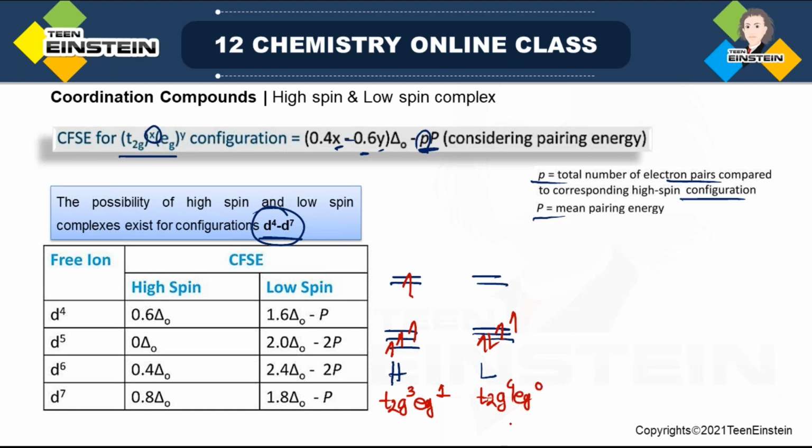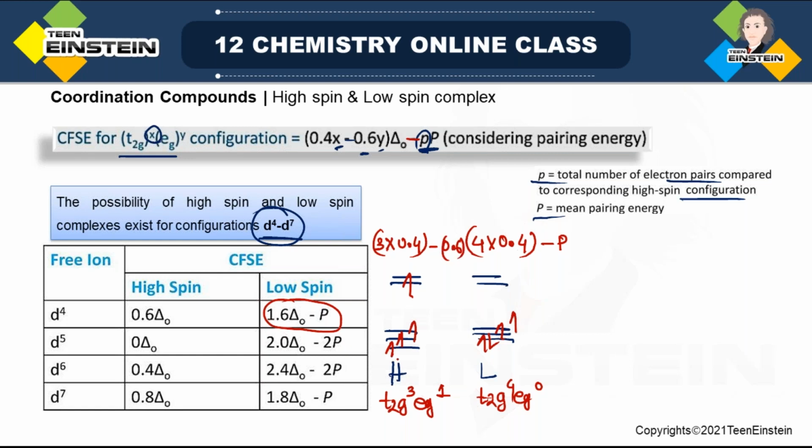So it is t2g4, you will multiply 4 into 0.4. And for pairing energy, as we are using the opposite sign concept, there is a negative sign. So only one P you have to add. So see, this is the low spin calculation. And for this one, it will be 3 into 0.4 minus 0.6 into 1.